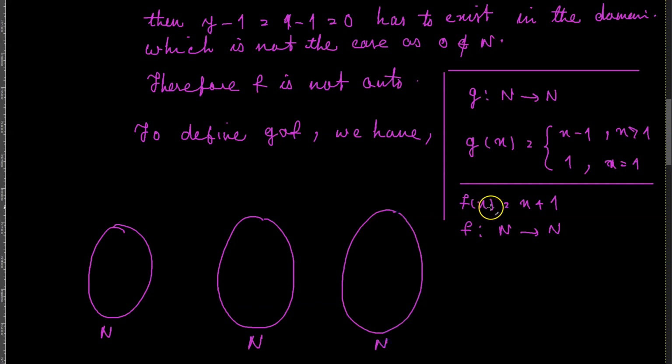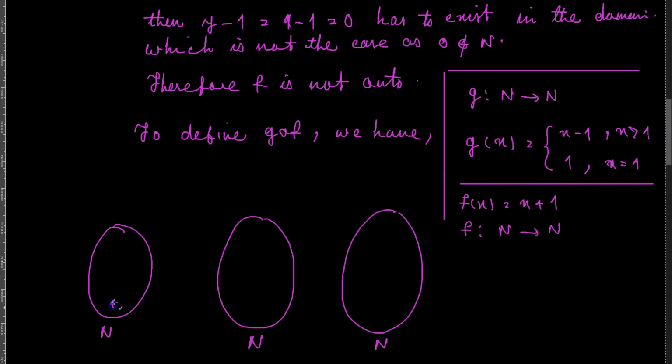So this function f, what it's doing is that every input that you give to this function, it's going to add 1 to it, and it's going to map that input to some output which is 1 higher than the input.